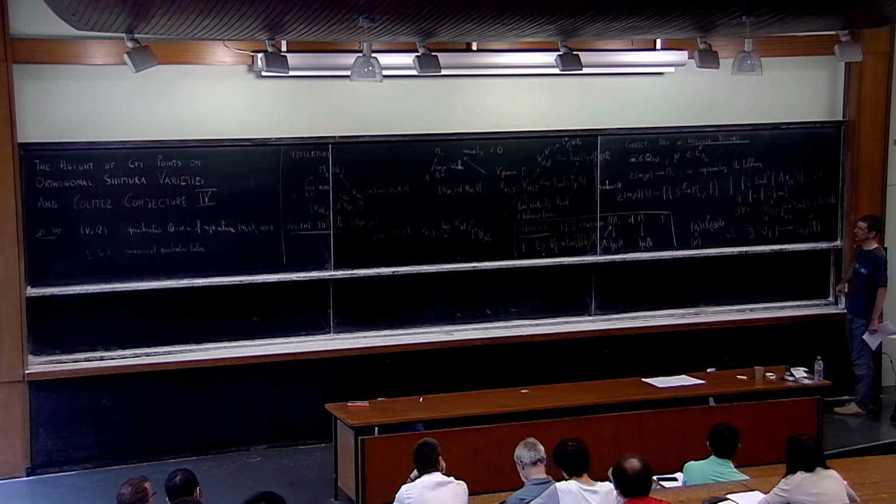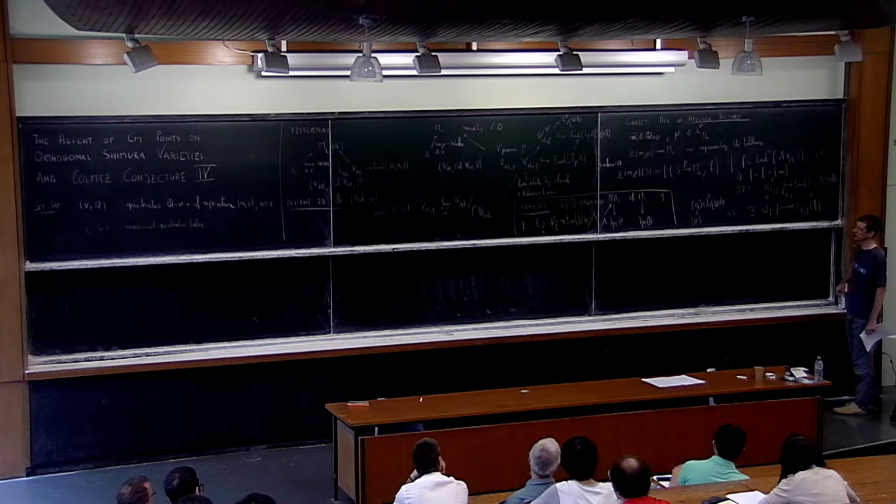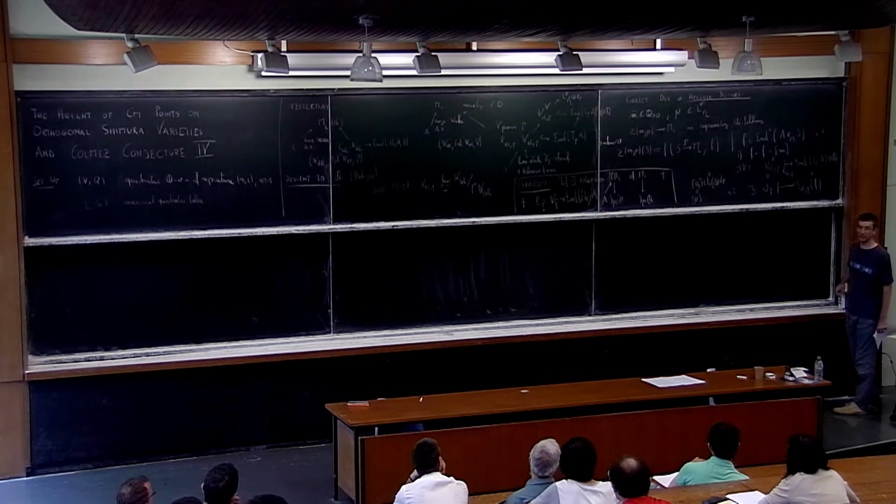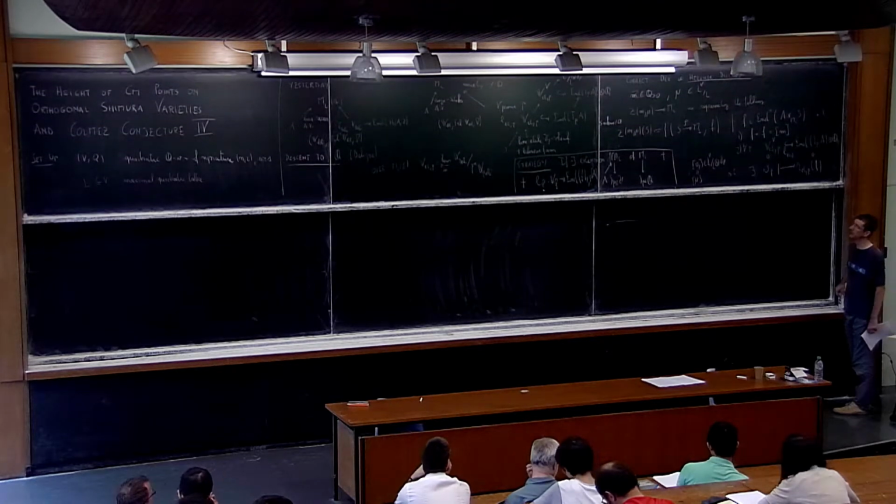Okay, so I suppose I can extend ML to a scheme over Z. I can extend the Kuga-Satake abelian scheme, okay?